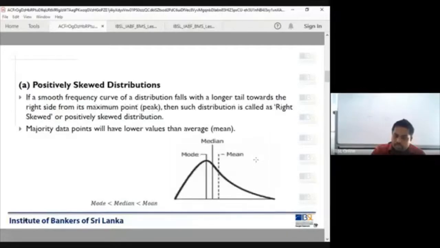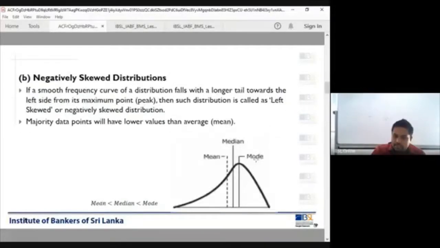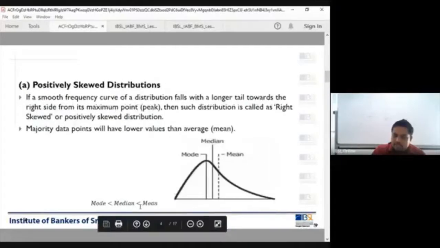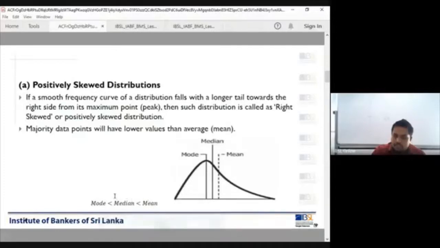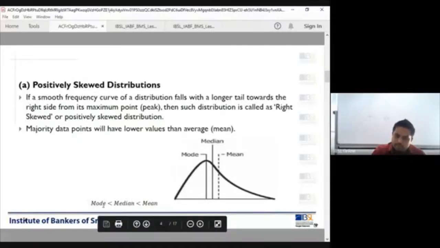So if you look at the values of these three instances, median will always lie between, but the mean value has the highest value, median in between, and the mode will be the lowest in case of a positively skewed distribution.